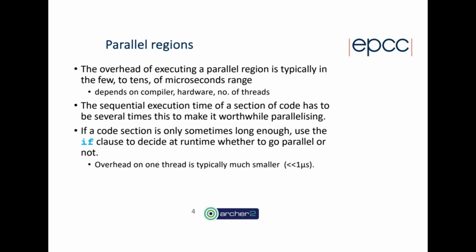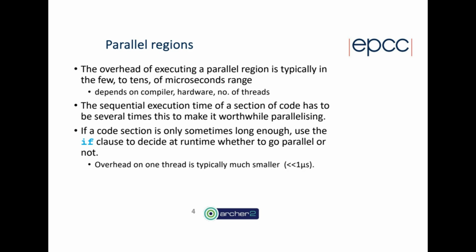Obviously, it depends on the implementation, which compiler you're using, what hardware you're running on, and how many threads you're running. So there's a range of values, but it's in that sort of order of magnitude.